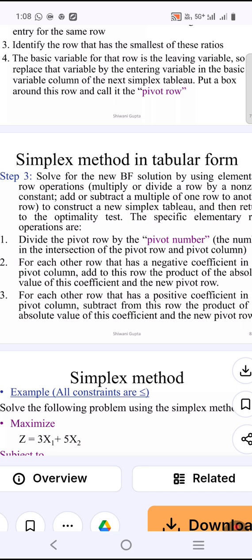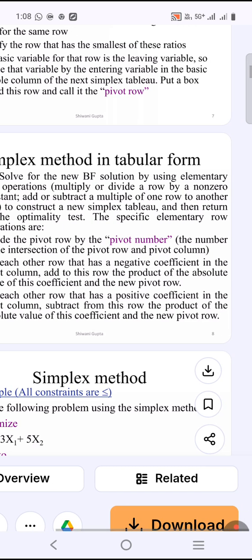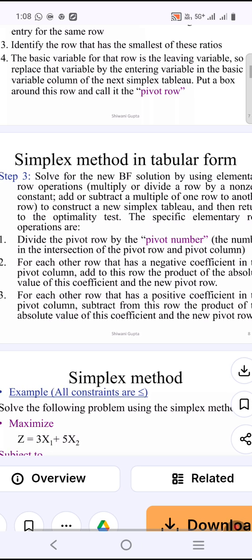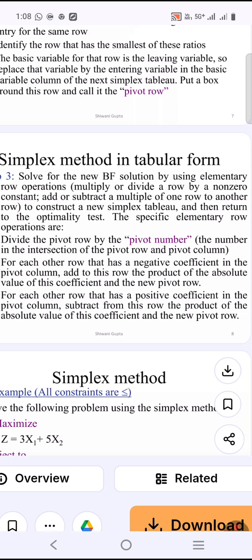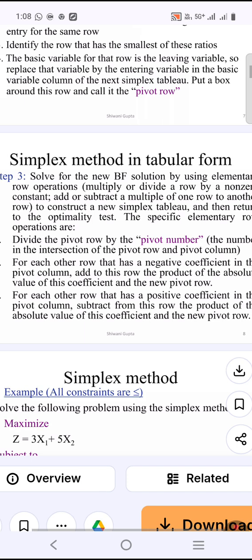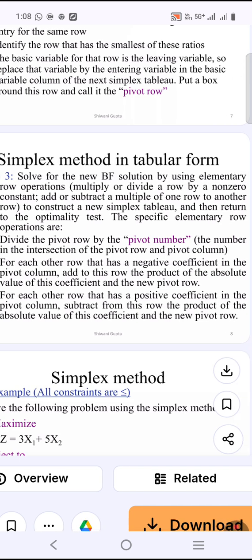Third, for each row that has a positive coefficient in the pivot column, subtract from this row the product of the absolute value of the coefficient and the new pivot row.